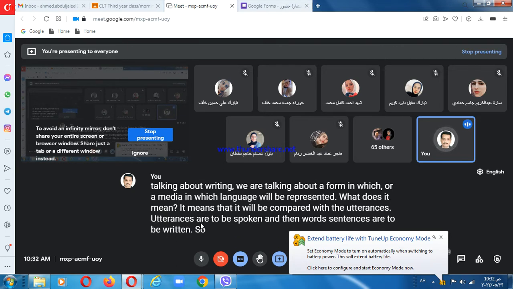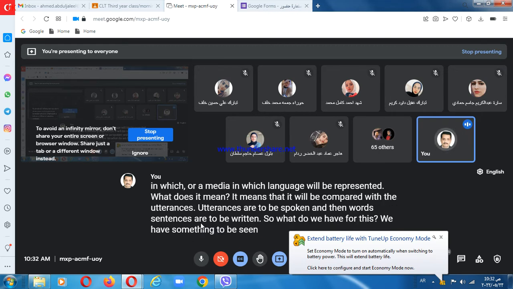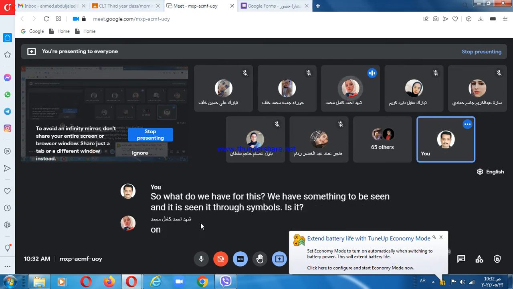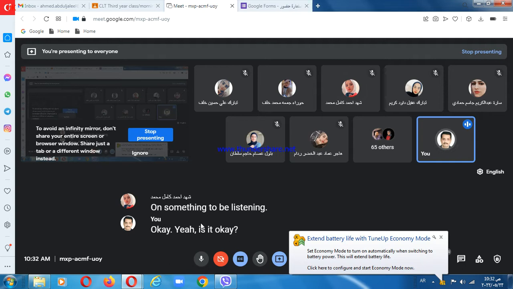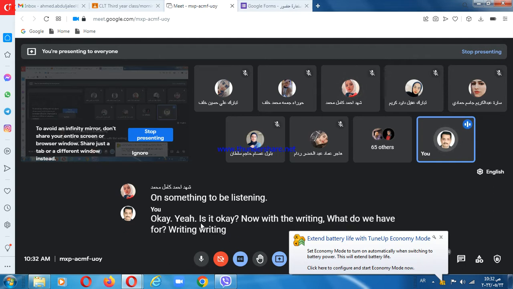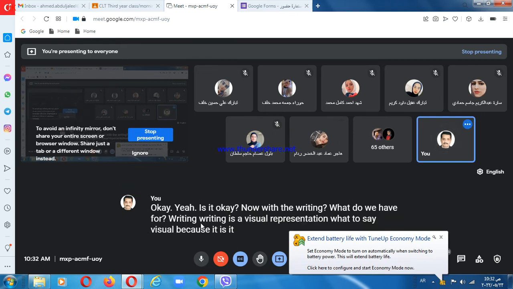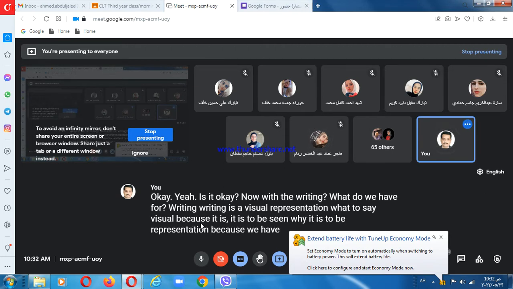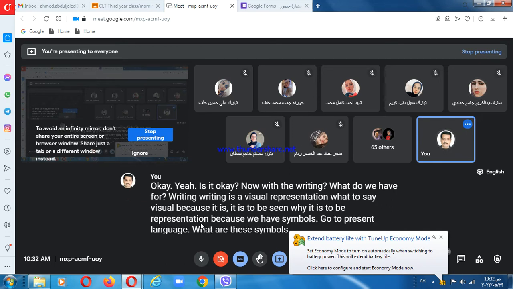So we have something to be seen, and it is seen through symbols, and something to be listened to. Writing is a visual representation. Why visual? Because it is to be seen. Why a representation? Because we have symbols to represent language. What are these symbols? Letters.